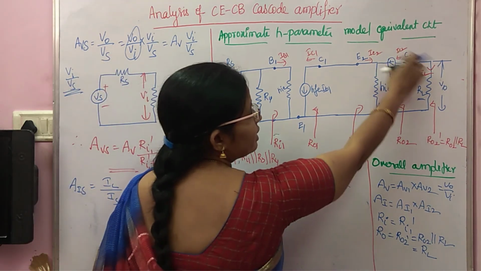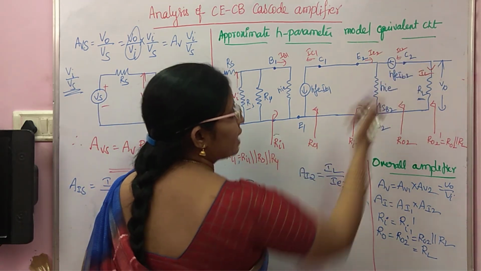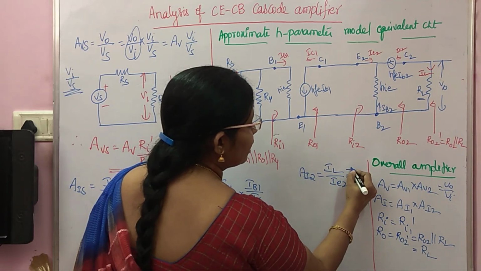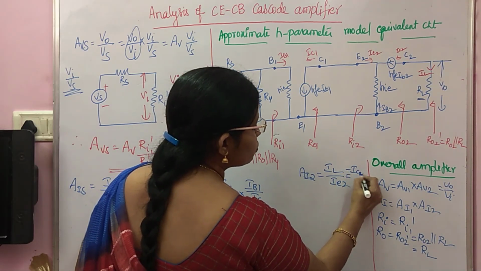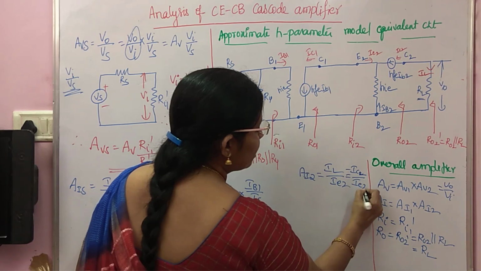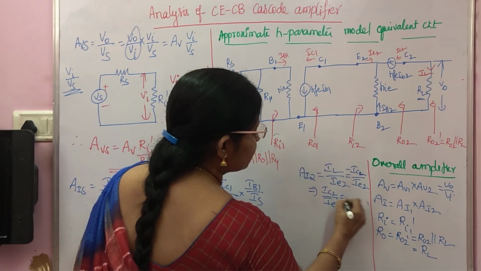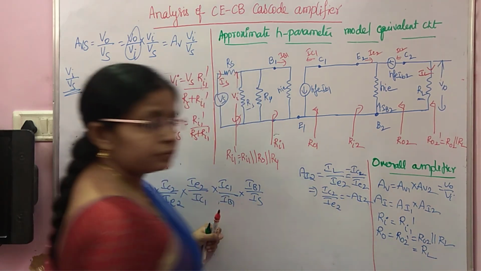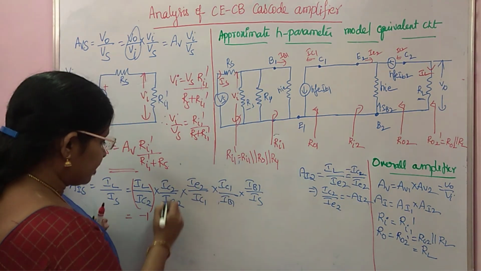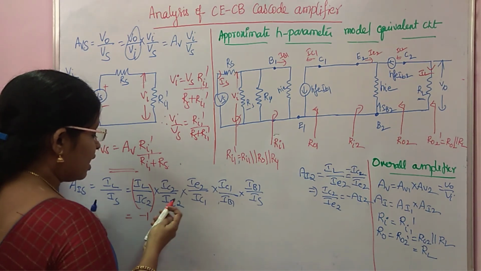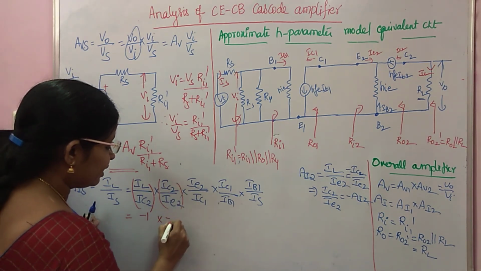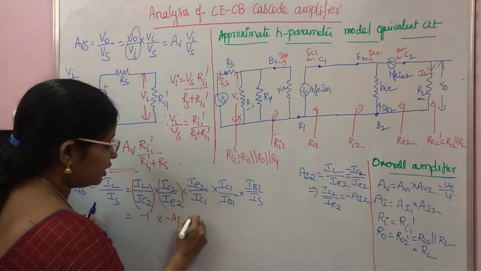So what is the relation between IL and IC2? IL is nothing but minus IC2. So minus IC2 by IE2. So it implies IC2 by IE2 is nothing but minus AI2. So you can write IC2 by IE2 as minus AI2.